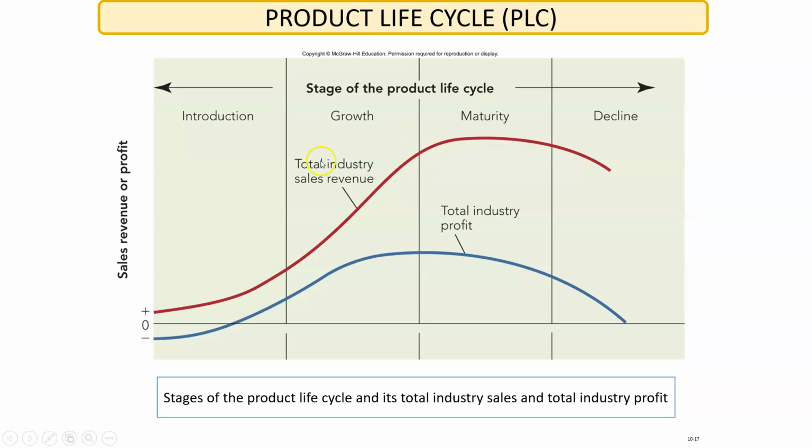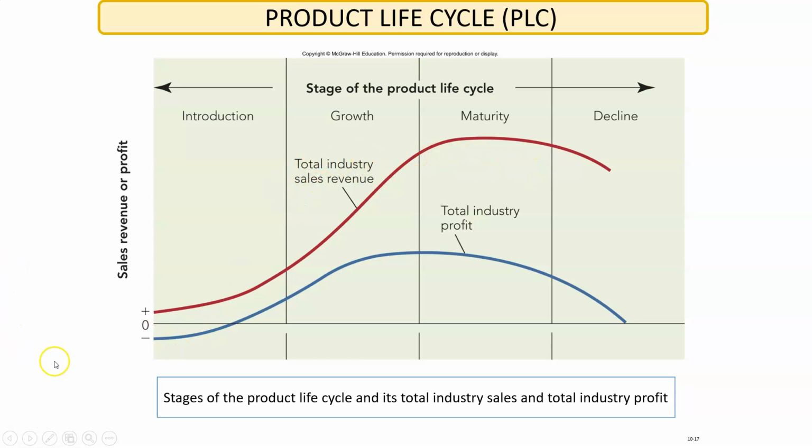So these are the 4 stages. We've got introduction, growth, maturity, and decline. This red line here, total industry, they say revenue, sometimes we say sales. Effectively, sales start out very low in market introduction, increase to their peak in market maturity, and then decline.